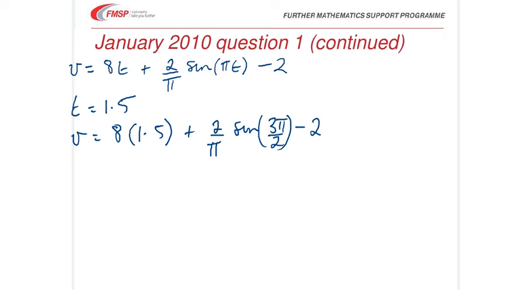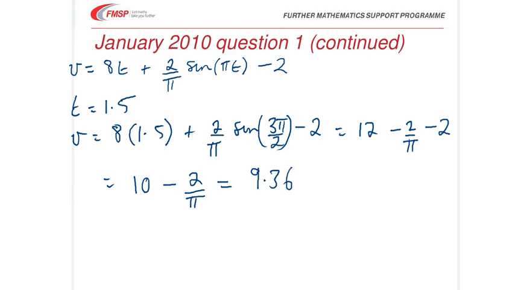Putting those values in then, we get 12 minus 2 over pi minus 2, which is 10 minus 2 over pi, which they've got in the mark scheme was the answer, or in decimal form 9.36. That's it, and that's obviously meters per second.